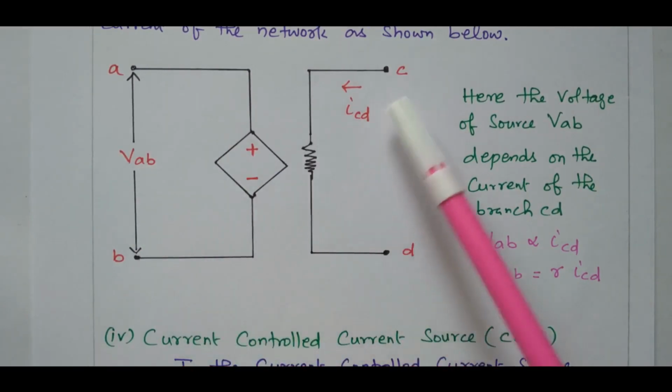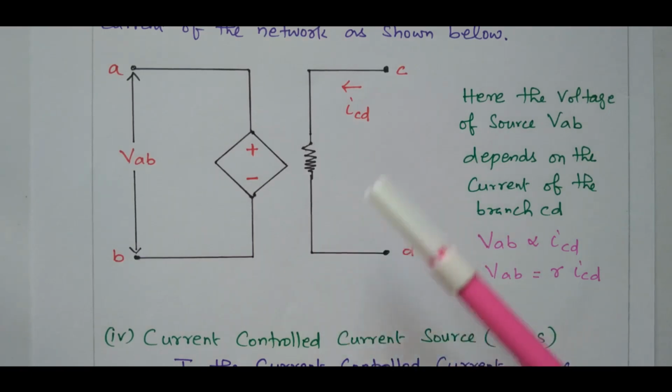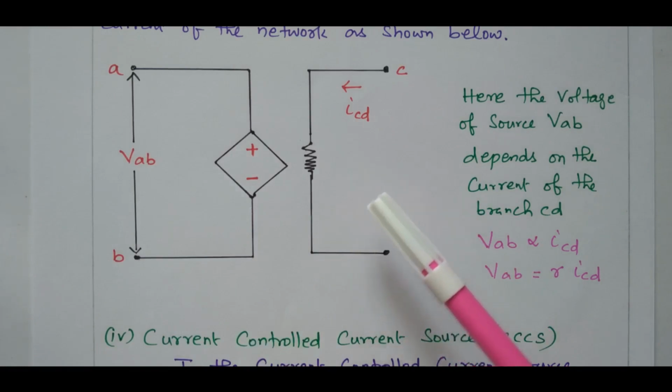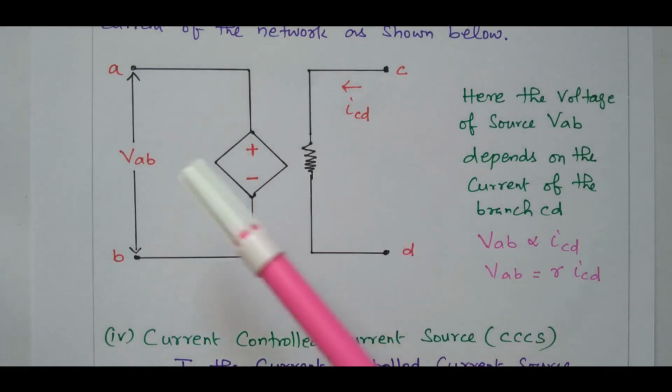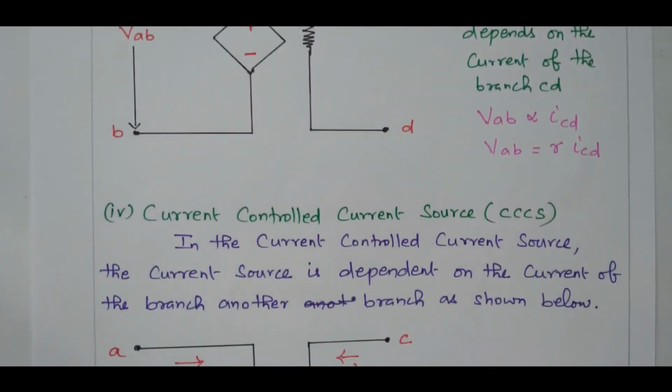Here one resistor is available, the terminal is CD, and the current is ICD. So this current will control this voltage. That is why it is called a current controlled voltage source. VAB is directly proportional to ICD. This current will control the voltage. So VAB equals R times ICD. R is the constant.